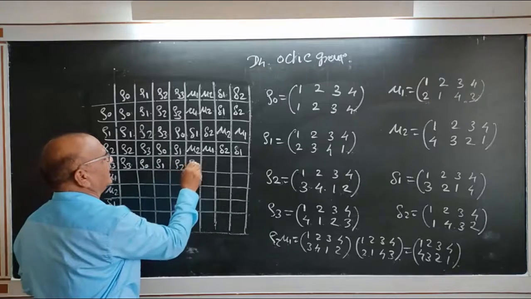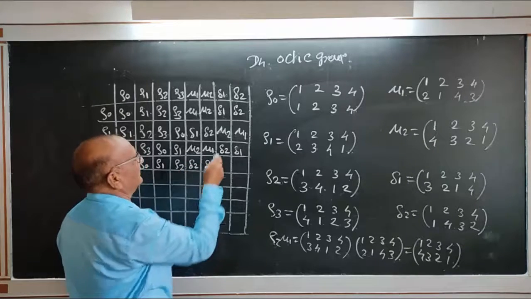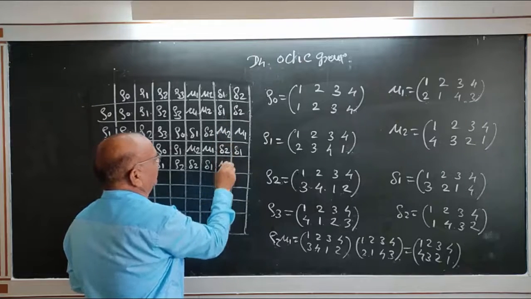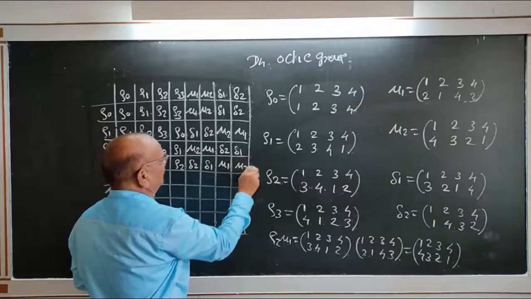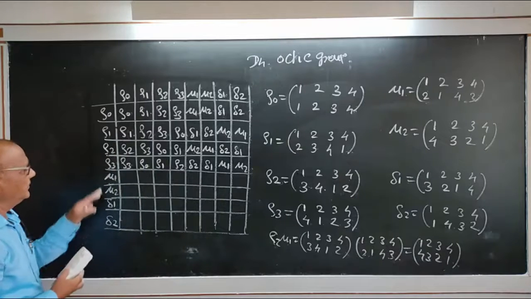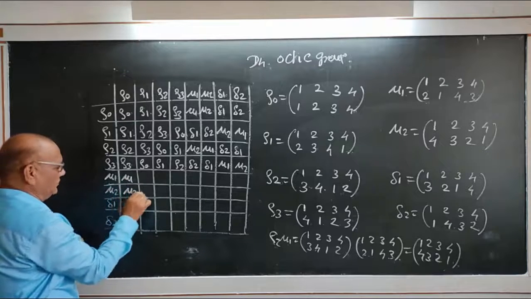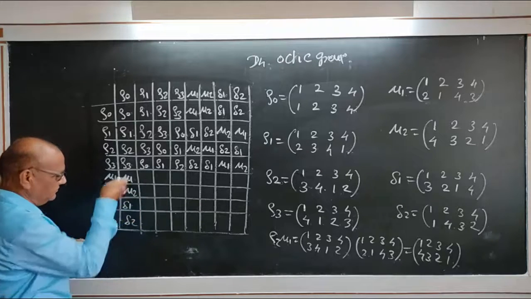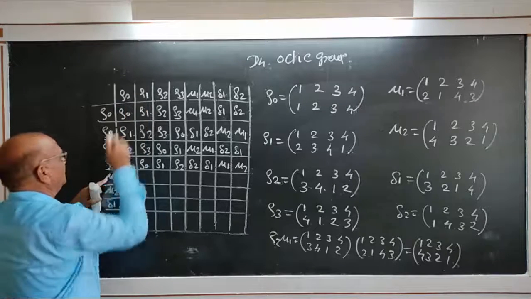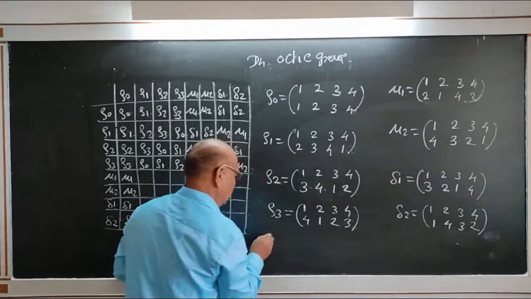Here delta 2, delta 1, delta 1, mu 2, here mu 1, here mu 2. Next, mu 1 into row 0, mu 1, here mu 2, delta 1, delta 2. Identity.